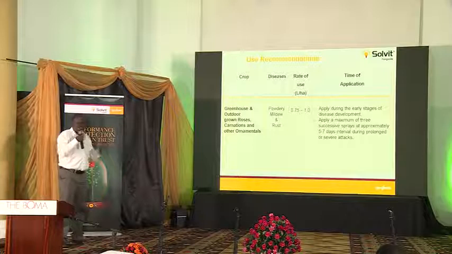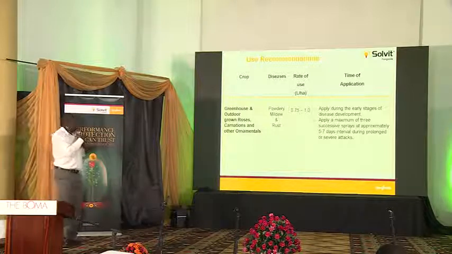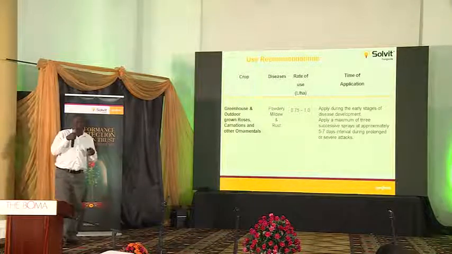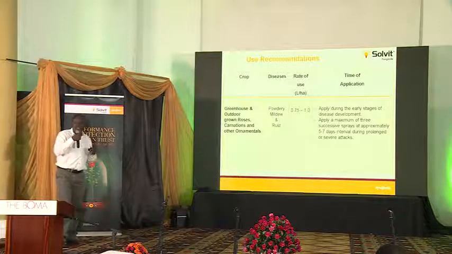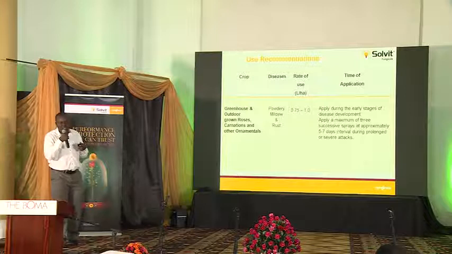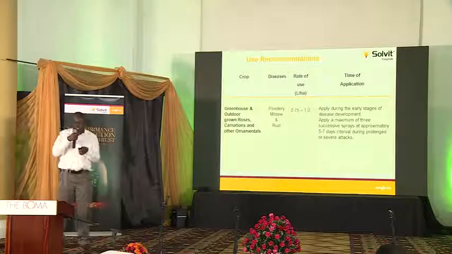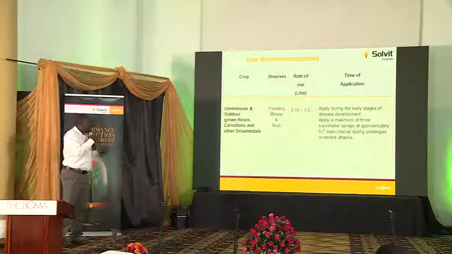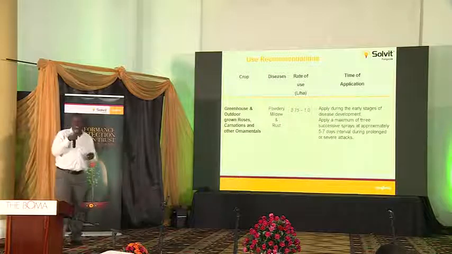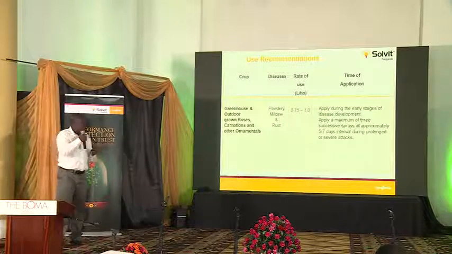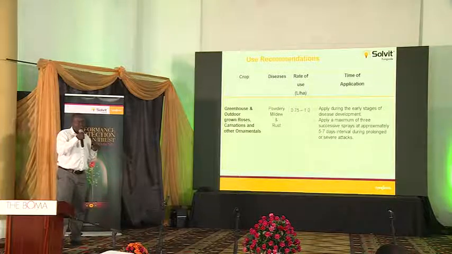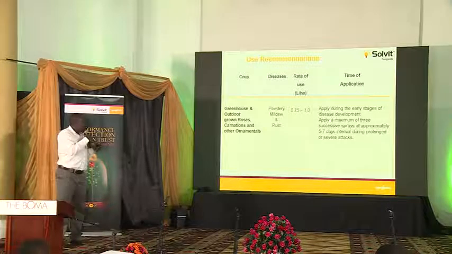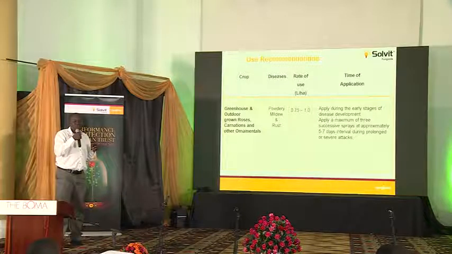So again, just to emphasize, you can use Solvit under greenhouse or outdoor grown roses, and also carnations and other ornamentals. Like Margaret has mentioned, you can use them on solidagos and hederas. And the disease, again, just to remember, powdery mildew and rust. Lately, we are seeing a lot of rust coming up on roses.